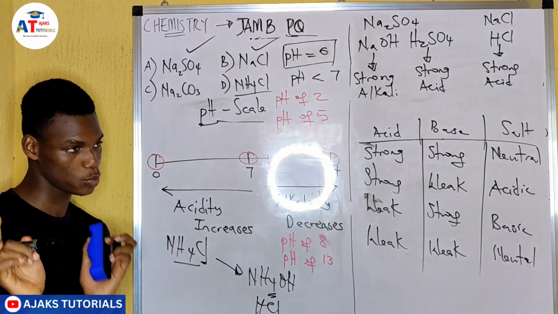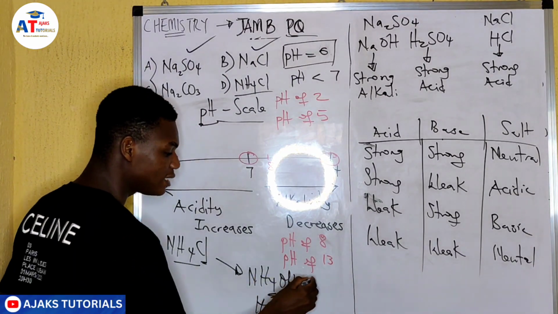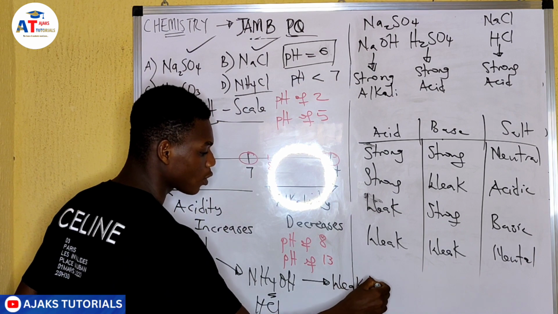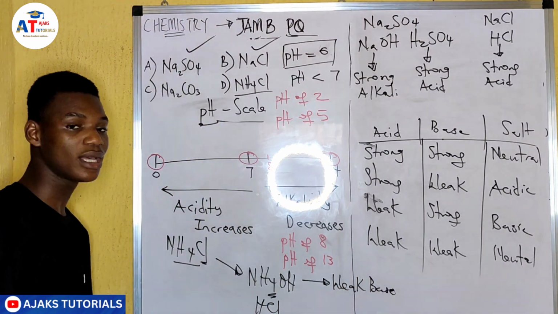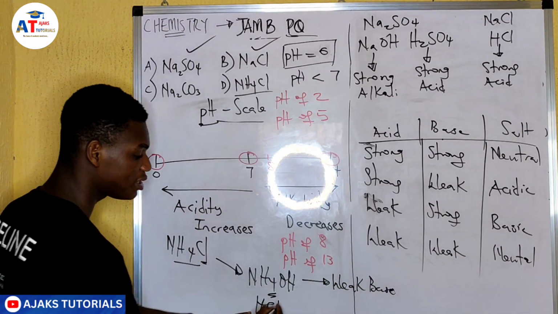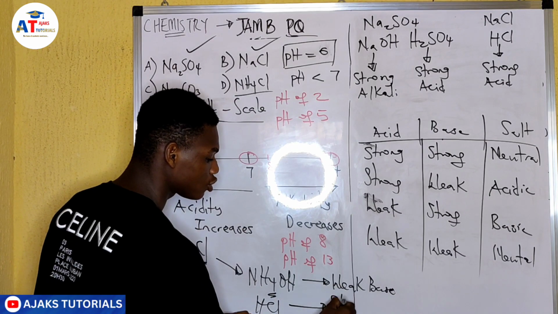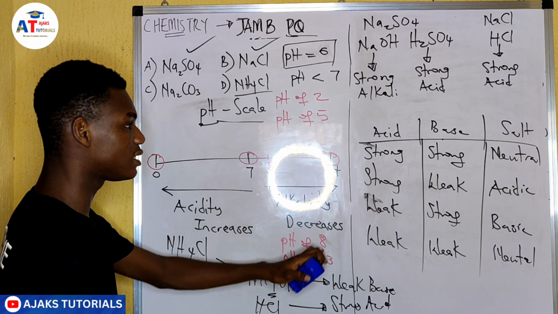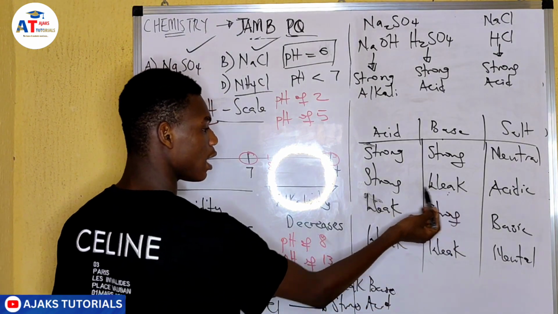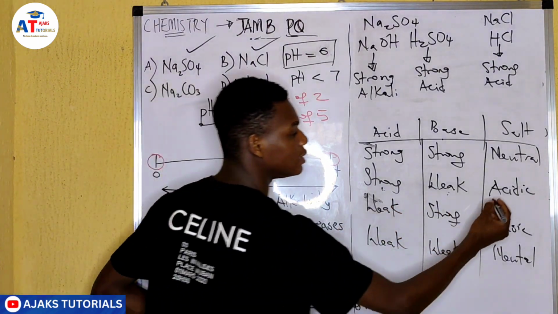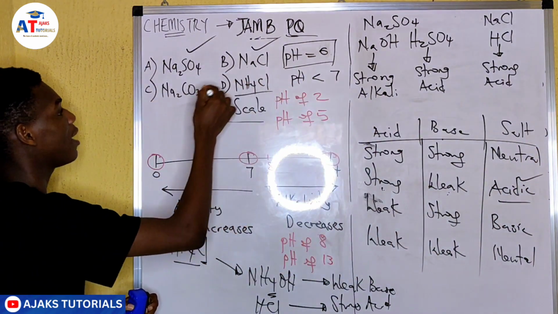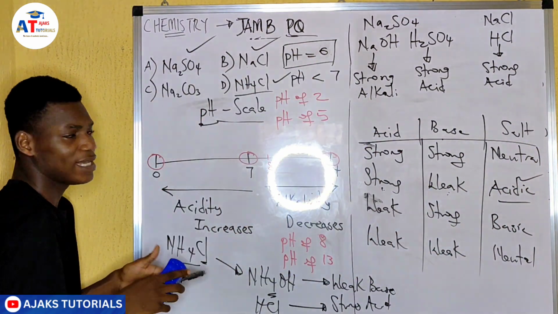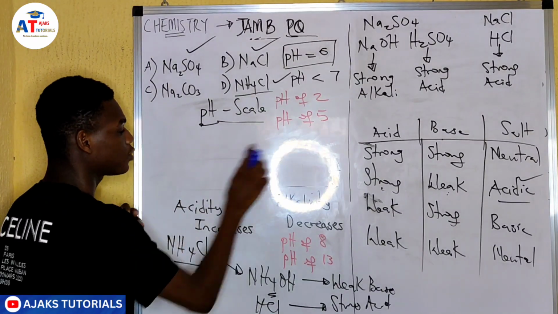Now take note, this is a weak base or weak alkaline. Now HCl is a strong acid. So what are we having in this table now? Weak and strong, acidic. So our answer is option D. But let's try option C. Yes, let's try. There's no harm in trying.